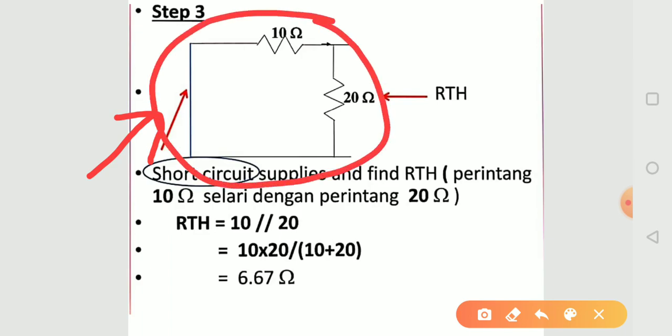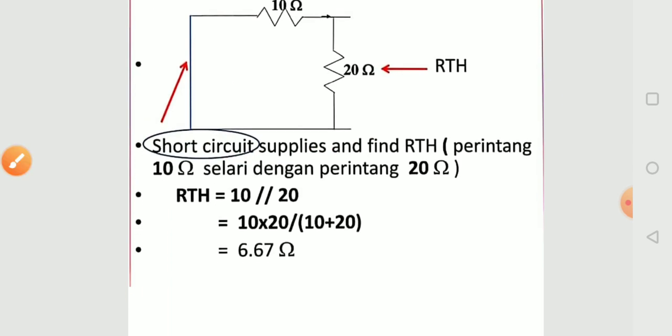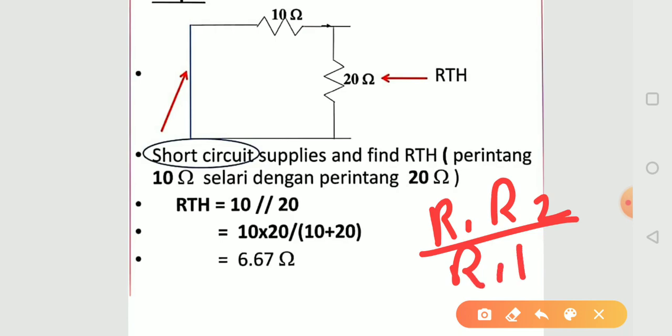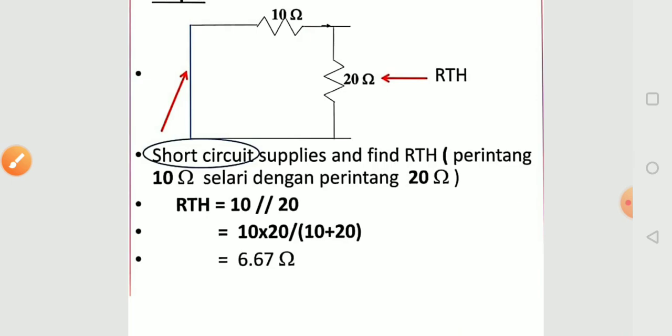So here we can see that both resistances are in parallel. We know that in parallel the resistance is R1 into R2 over R1 plus R2. By this we calculate the parallel resistance. This is 6.67 ohm. So this is called the Thevenin resistance.